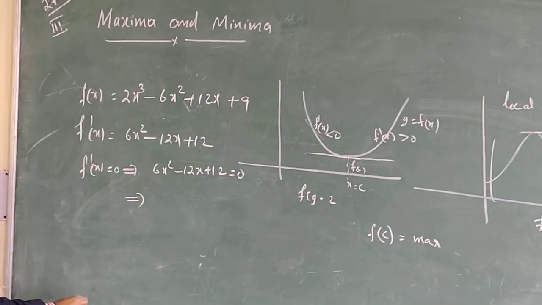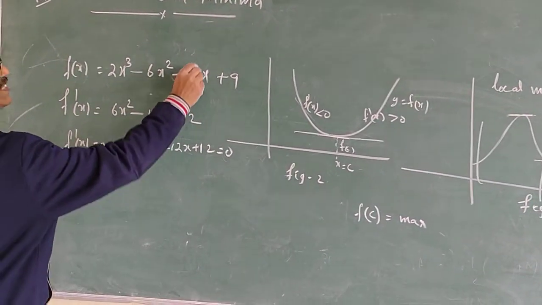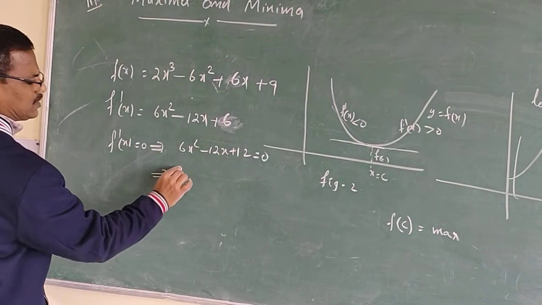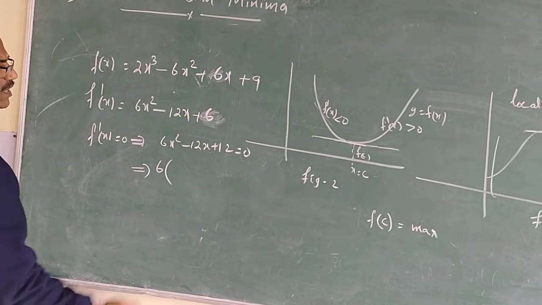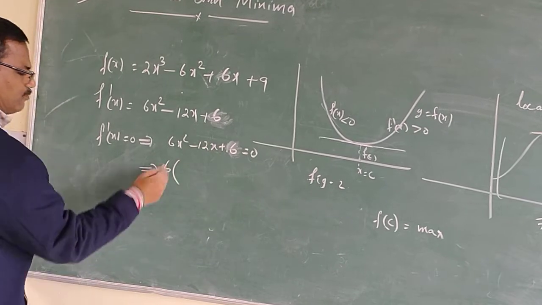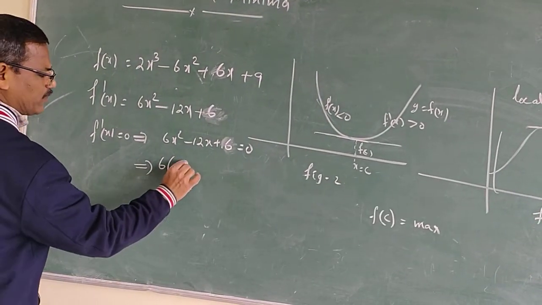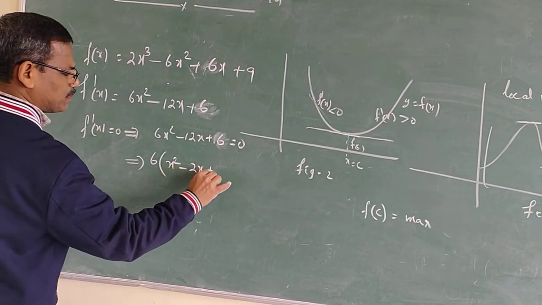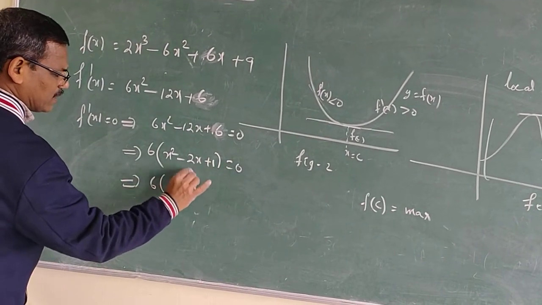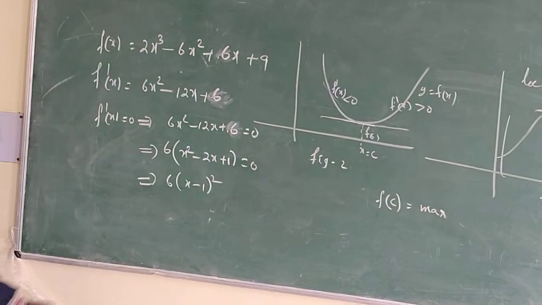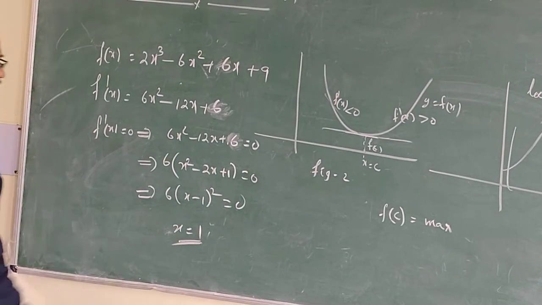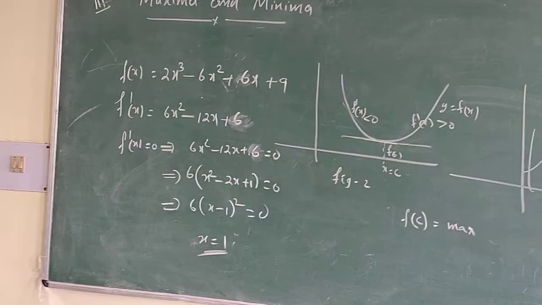If I take 6 outside, then x squared minus 2x plus 1 is equal to 0, and it shows that 6 into x minus 1 whole squared equals 0. It shows that x is equal to 1. So the turning point is x equal to 1.